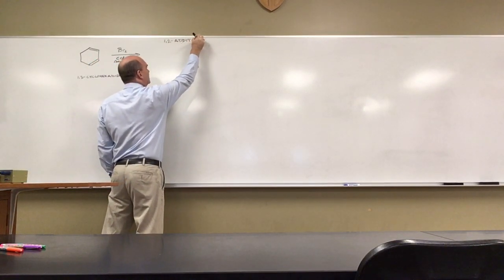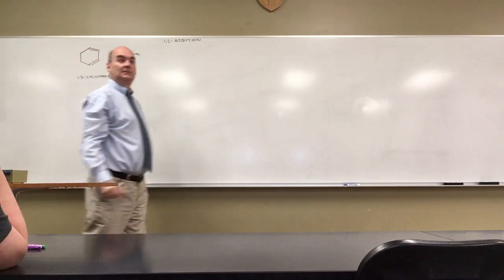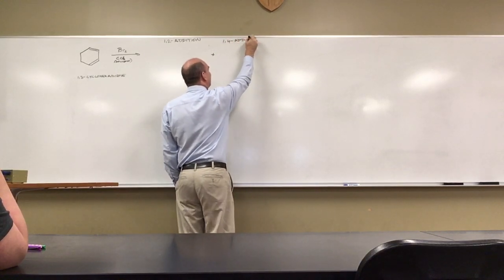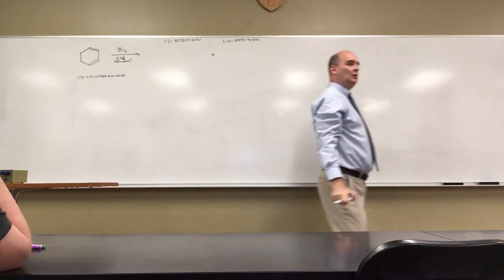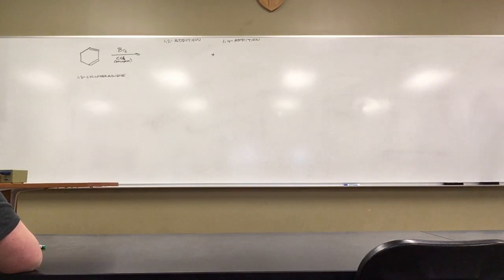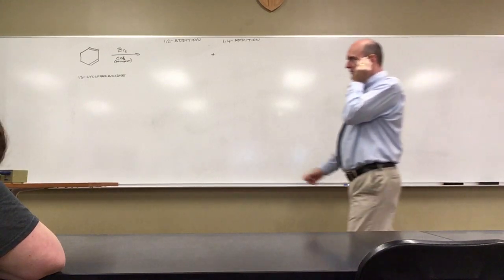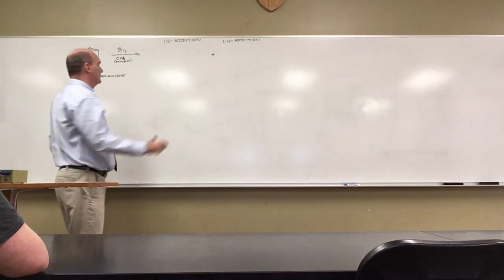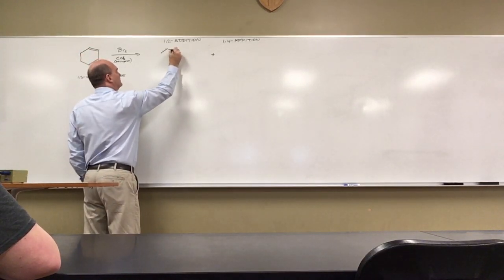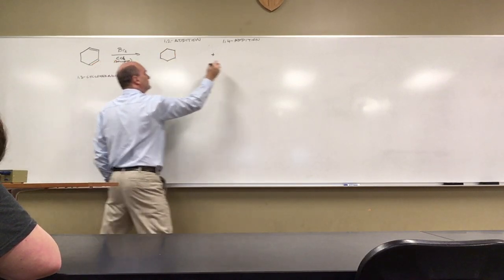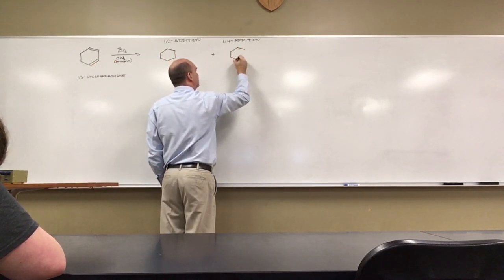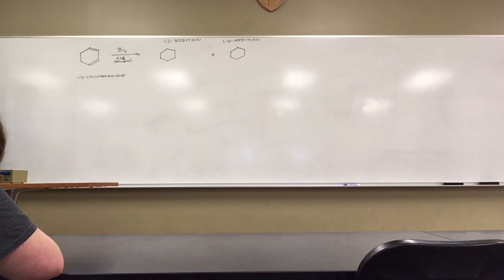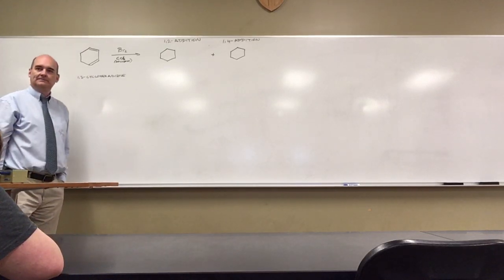I have two products of electrophilic addition to a conjugated pi system, and they were called the 1,2 addition and the 1,4 addition. What's the name of my 1,2 addition product?